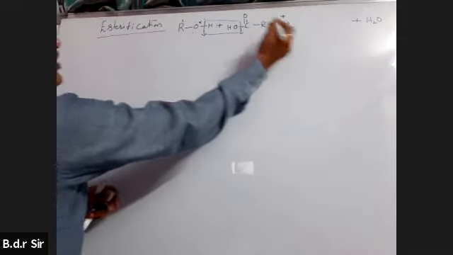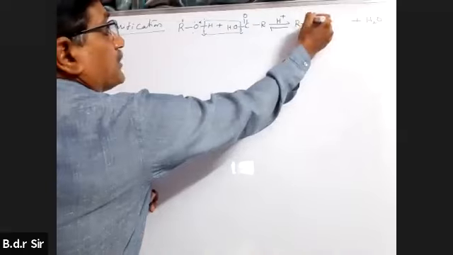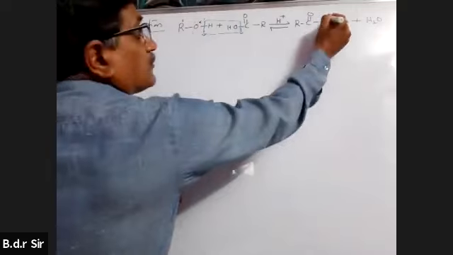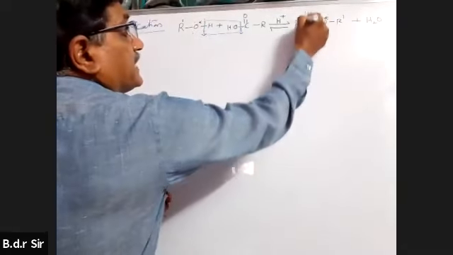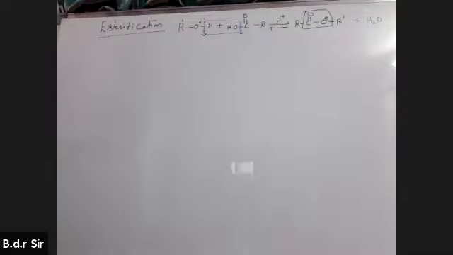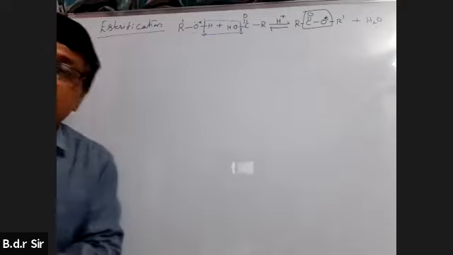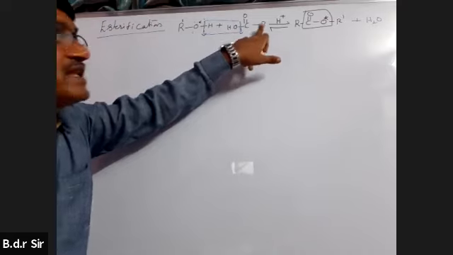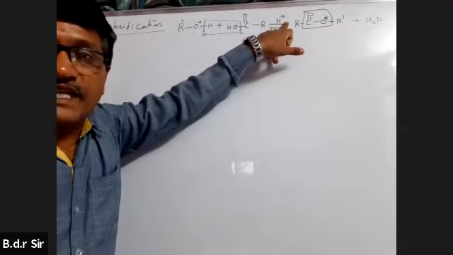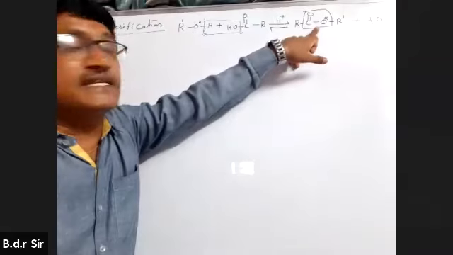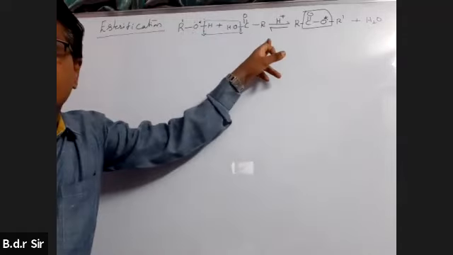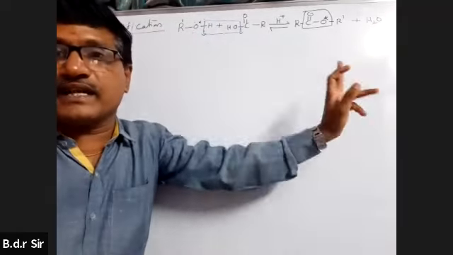RCOOR. Here ester is formed. That's why it is known as esterification reaction. So what is esterification reaction? Alcohol reacts with carboxylic acid in the presence of acid, that is sulfuric acid, giving ester. The formation of ester from alcohol and carboxylic acid is called esterification reaction.